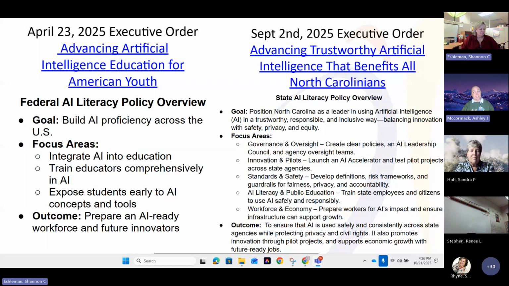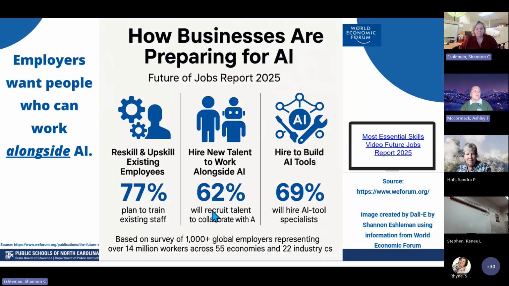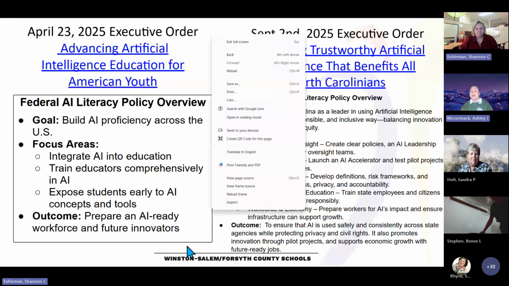And so in Winston, we have been on a journey for the last, it feels like forever for us to have gotten here, but we have developed some guidelines to act as guardrails for both staff and students. And so if you happen to watch the board meeting on October 28th, you'll see that they are adding it to our acceptable use policy.